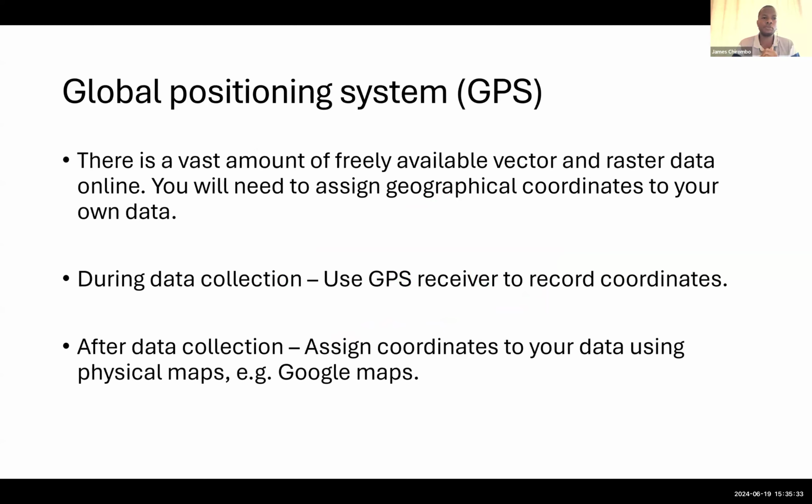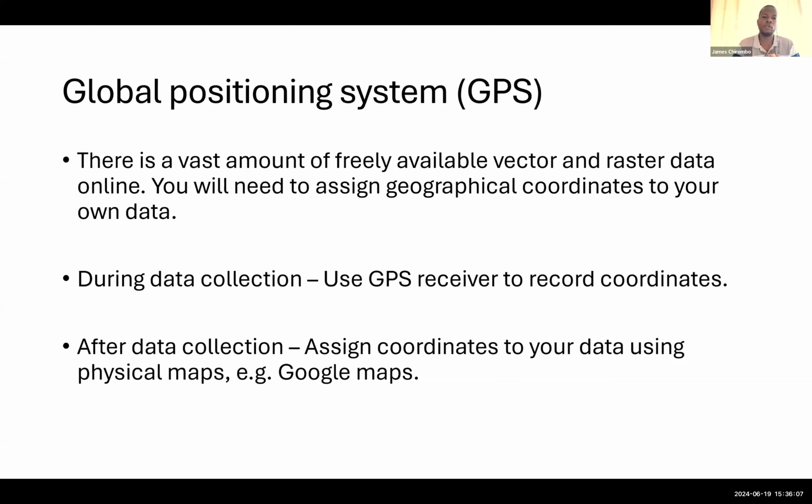Another point that I wanted to remind us of is the GPS, or Global Positioning System. This is basically what allows us to assign geographical coordinates to our own data. Think of a situation where you are getting satellite imagery from a satellite that is orbiting the Earth. This will provide satellite images that cover the entire globe, but you might be interested in a particular land where you work.